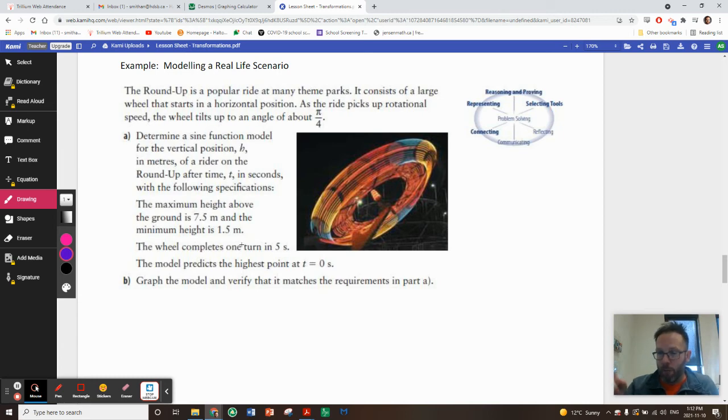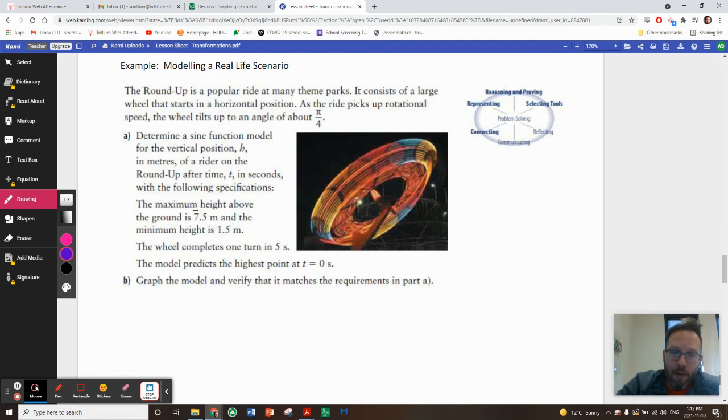A Ferris wheel is one where you're going up and down and up and down. You can model that with a periodic function. This one's tilted at an angle, but you're still going up and down above the ground. You reach a highest point, a lowest point, a highest point, a lowest point. And so these are natural for modeling with a periodic function.